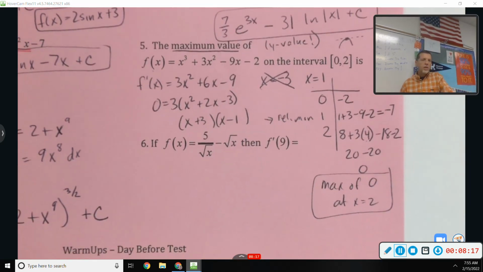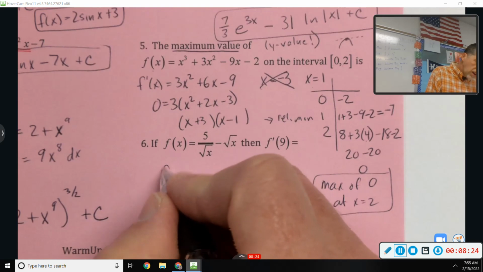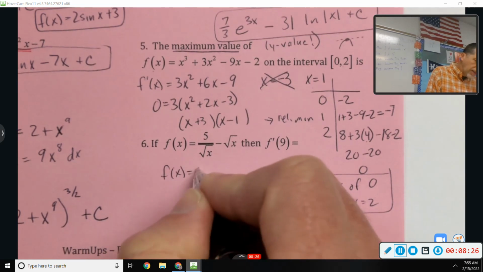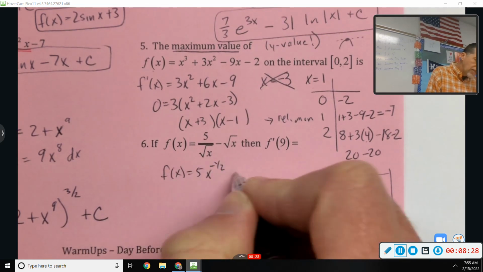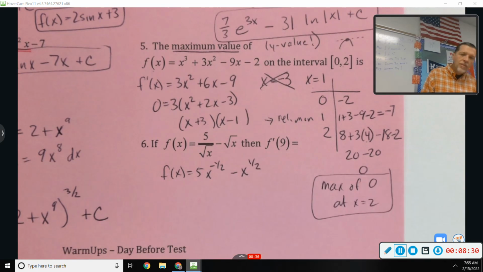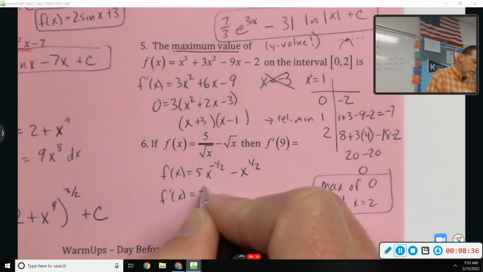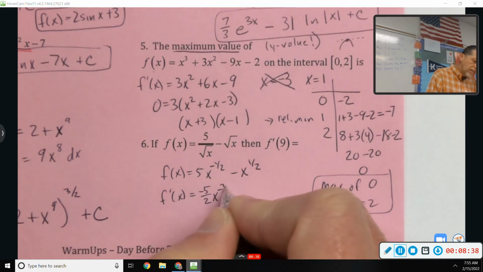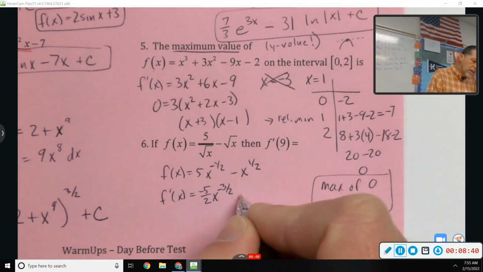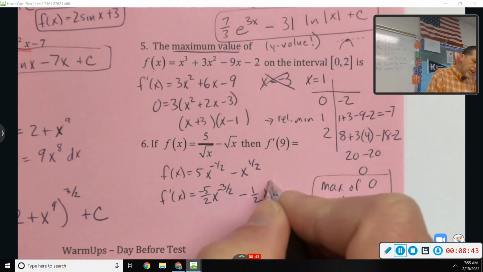All right, number 6 is definitely old school, straightforward. Take a derivative, plug in 9. Although I think I'm going to rewrite this as x to the negative 1/2 minus x to the 1/2 so that I can take a derivative. Power rule. So negative 5/2 x to the negative 3/2 minus 1/2 x to the negative 1/2.